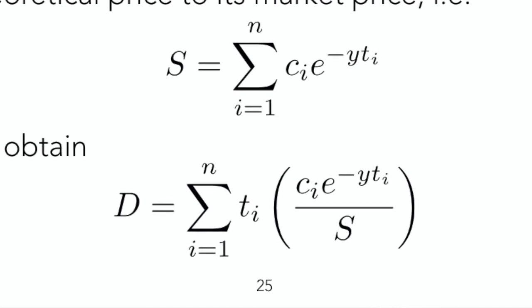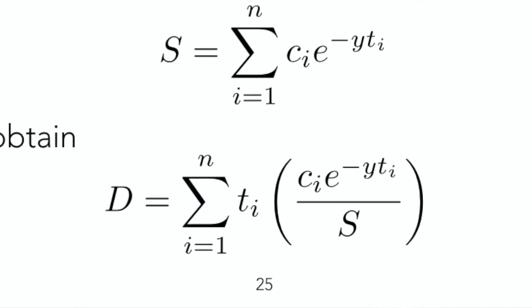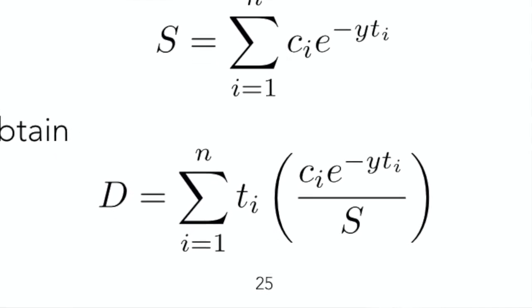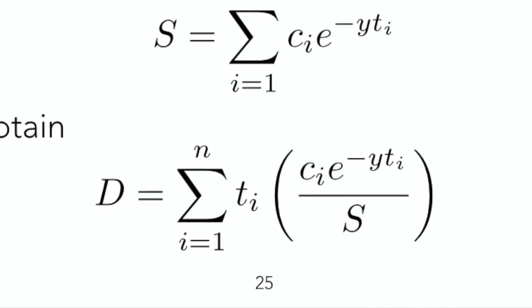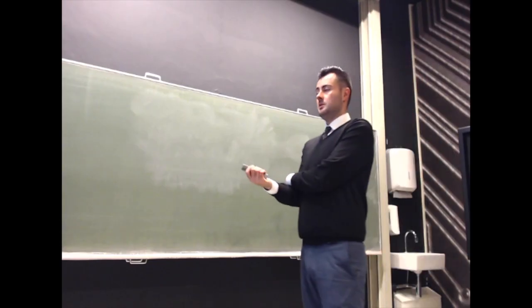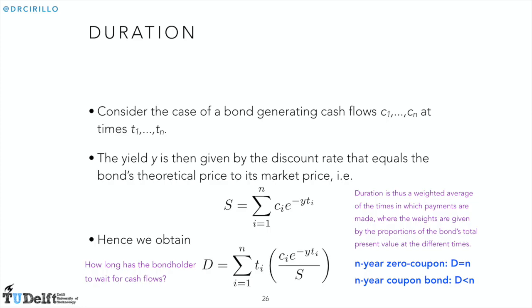Now, this formula is very important because it can be interpreted in a very relevant way. If you look at this formula, you agree with me that these discounted cash flows, when summed together, sum to S. So if I take each one of them over S, it's just a quantity that will lie between 0 and 1. I can take it as a weight.